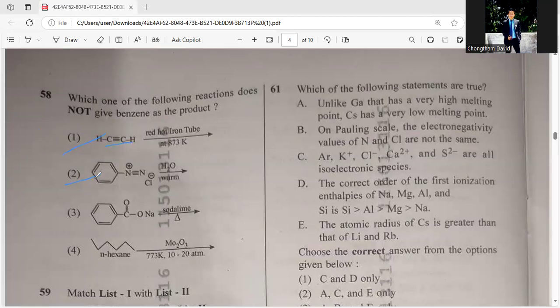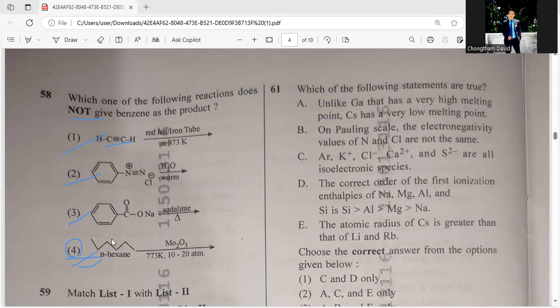Sodium benzoate and soda lime can form benzene. This is also possible. And hexane with molybdenum oxide gives cyclohexane or other products, not benzene. So this is not possible, and the question is asking which is not possible. So 4 will be the answer for question number 58.